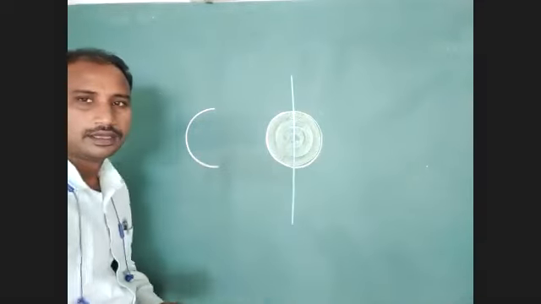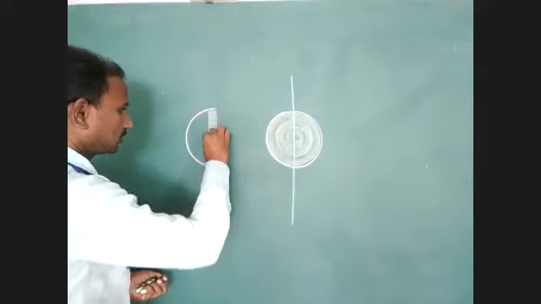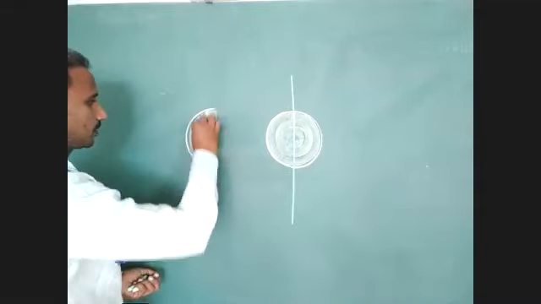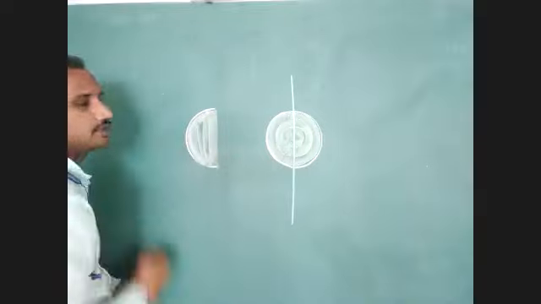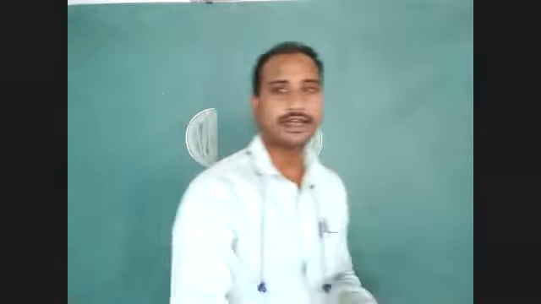Just identify, so it is one half part. Identify that polished surface. This surface acts like a reflecting surface.